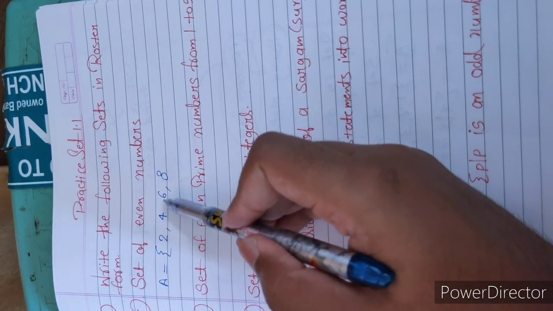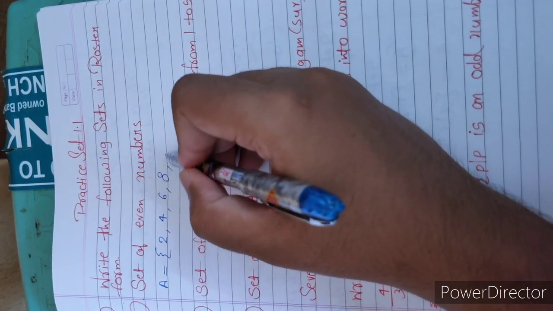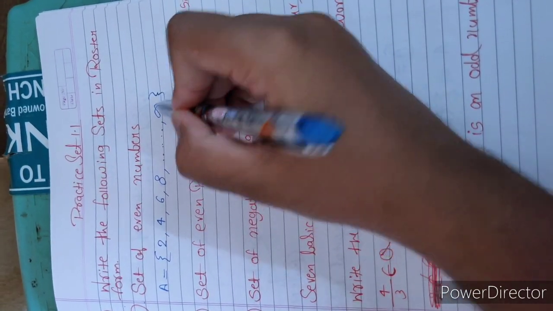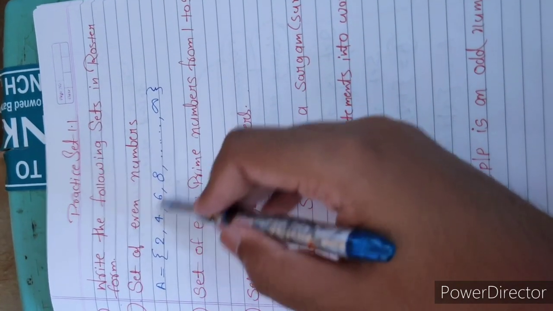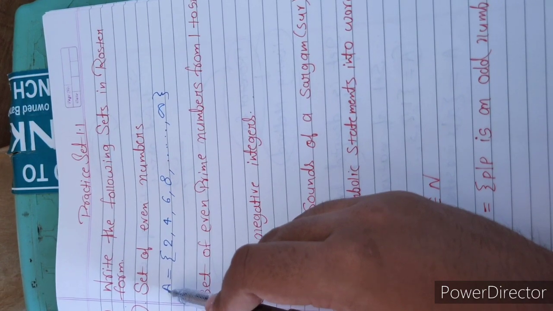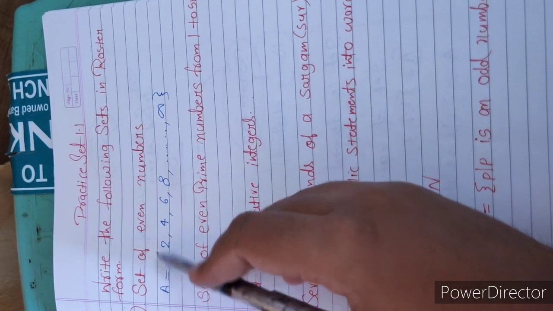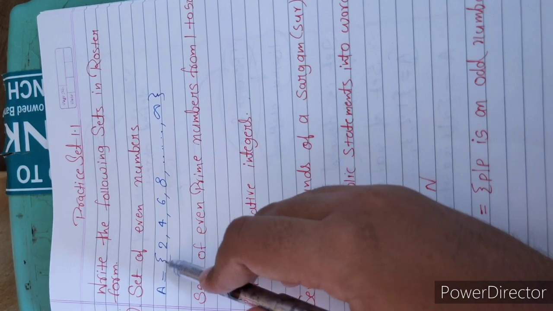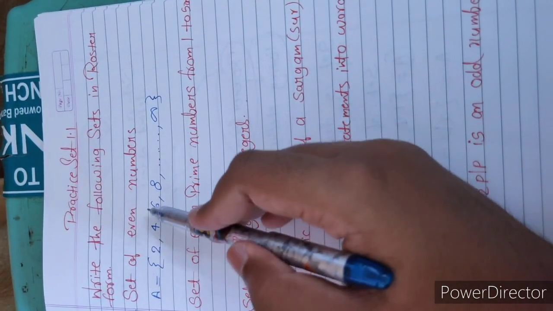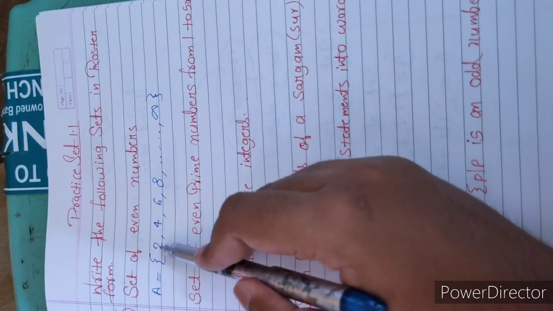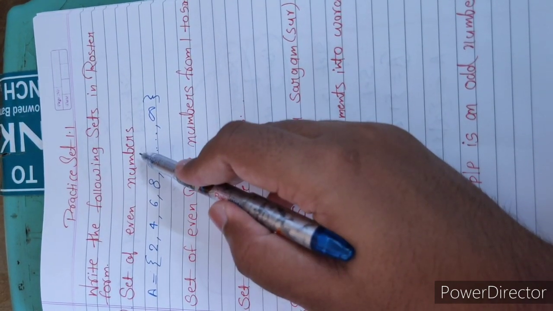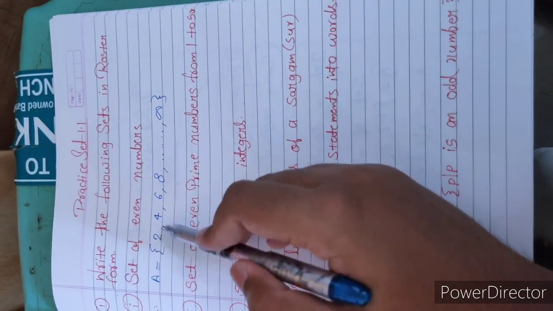So we write 2, 4, 6, 8, dot dot dot, infinity. Like this we represent the set of even numbers. A is the set denoting the even numbers, and in the curly brackets we put the elements, 2, 4, 6, 8, which are all elements of the set of even numbers. Like this we will write the sets.